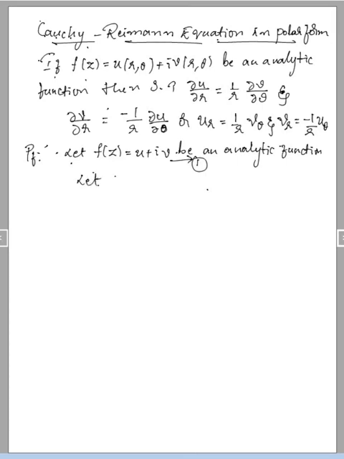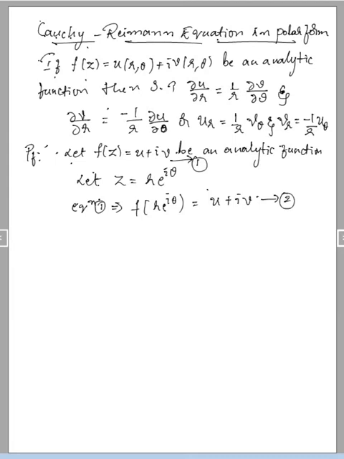Let z be in polar form, z equal to r e power i theta. Then equation 1 implies f of r e power i theta is equal to u plus iv. I'll name this as equation 2.